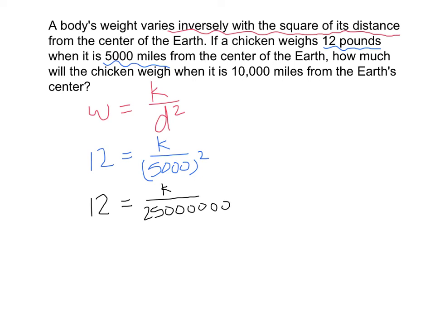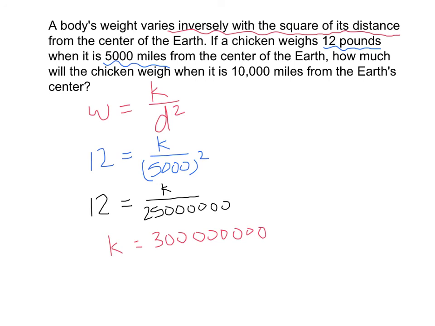And when we multiply these two things out, you're going to get k equals 25 million times 12, which is 300 million. Careful not to lose any of those zeros or you're going to get a totally wrong answer.